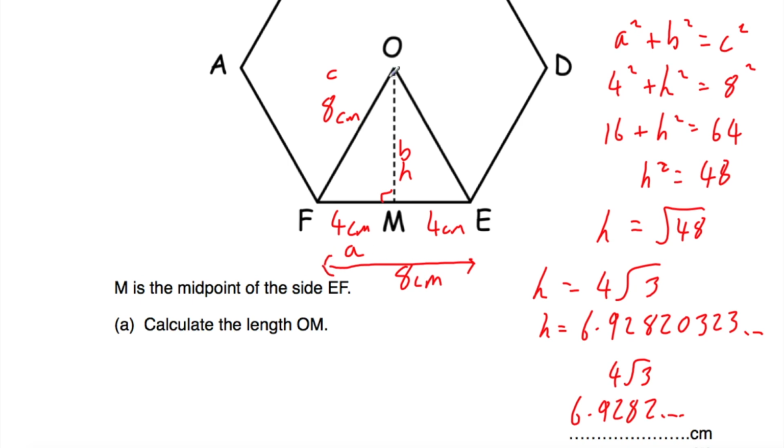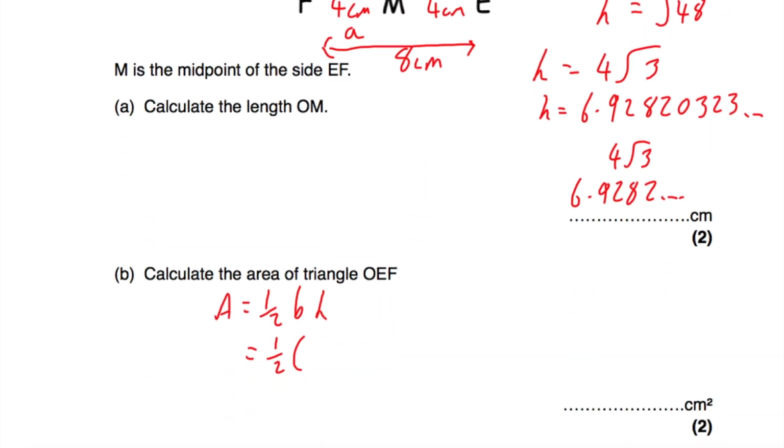So it's half of 8 multiplied by 6.9282 and so on, or 4 root 3. If it's on your calculator display, fantastic. Or you could remember, right, 4 root 3. And if we do that, we've got half multiplied by 8 multiplied by answer, because it's still on my calculator display, and that gives me an answer of 16 root 3.